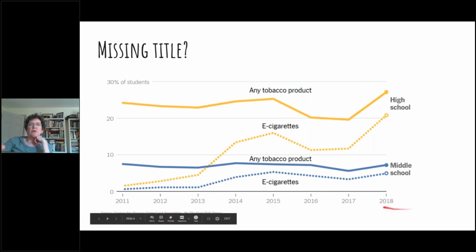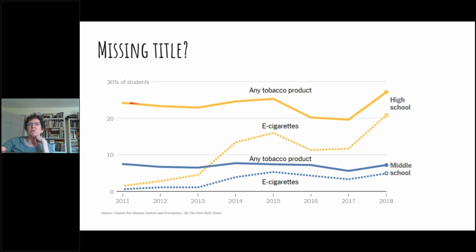So in 2011, high school students' tobacco product use is what for 2000 till 2013? Is it about the same? No, it's a little bit lower.